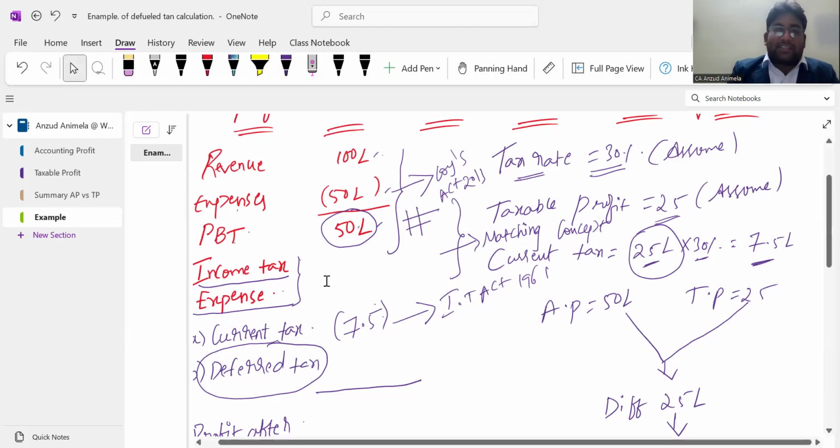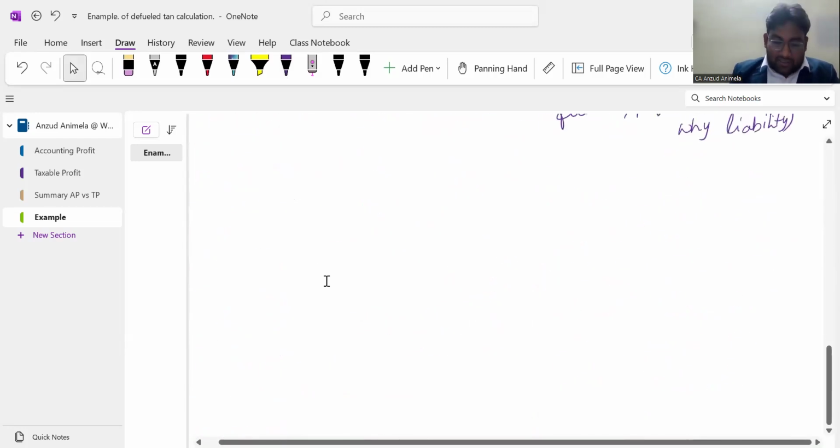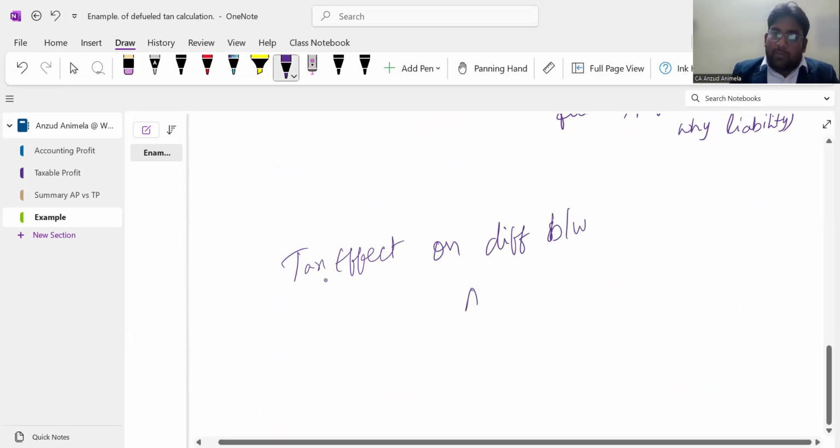What is deferred tax? Deferred tax means the tax effect on differences between accounting profit of 50 lakhs and taxable profit of 25 lakhs.